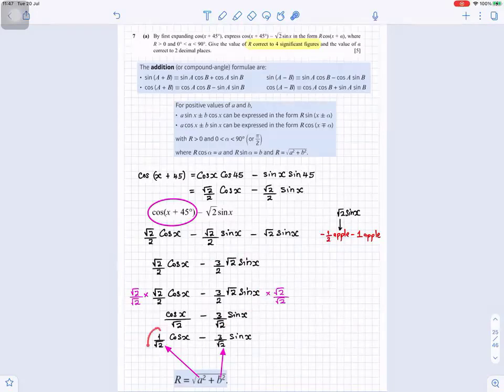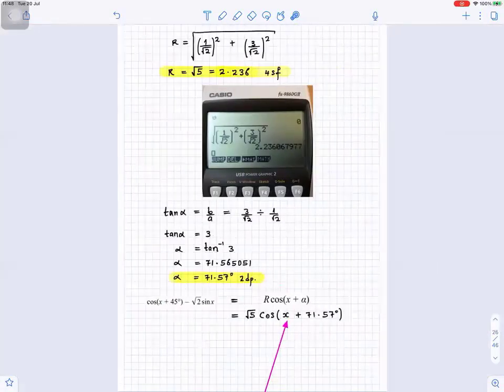So we have here A as 1 over root 2 and B as 3 over root 2. When you square them and find the square root, you get r is root 5, which is 2.236. You put that in your calculator and it gives you that.